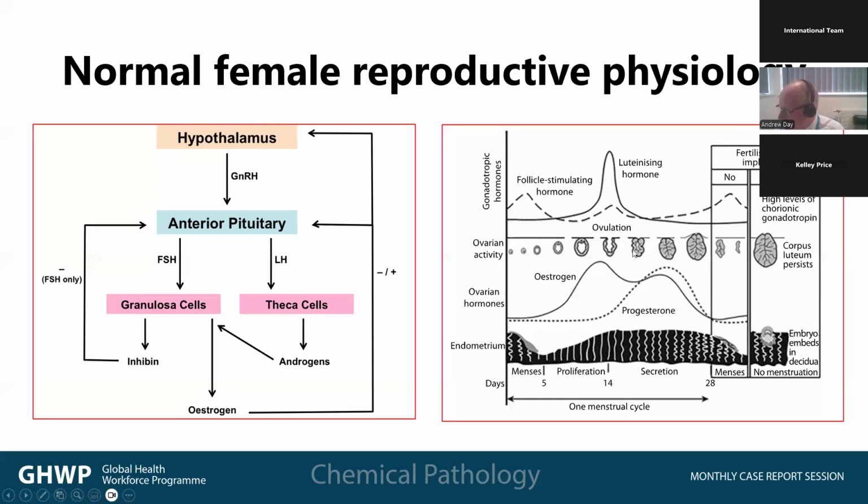The corpus luteum then stimulates progesterone that initially sustains the endometrium for implantation, and if pregnancy hasn't occurred, after a few days the corpus luteum begins to involute and the whole process of the cycle begins again.